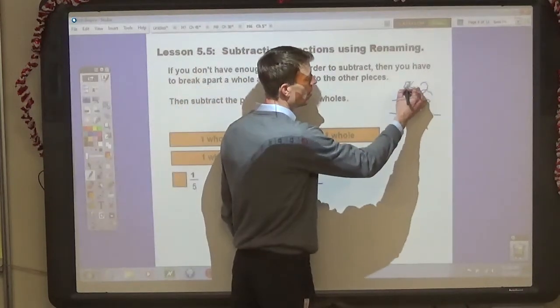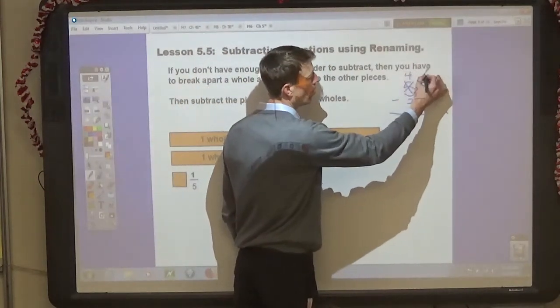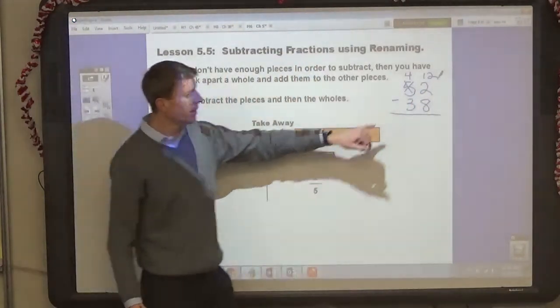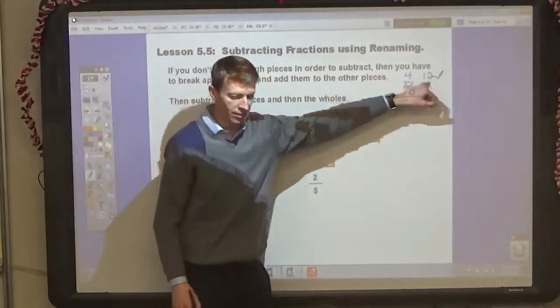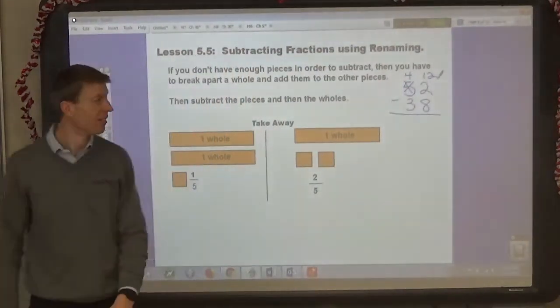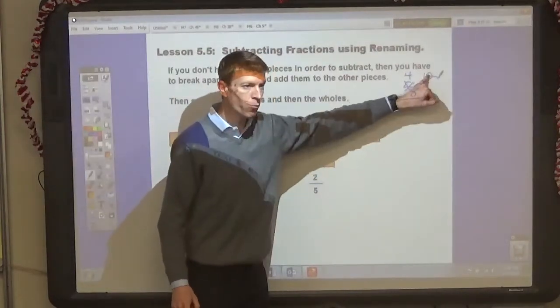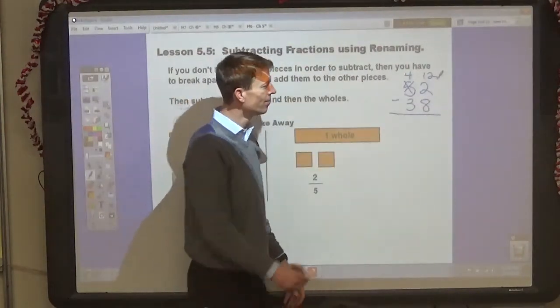You have to change this to 4 and 12, or like a funny number, 40, 12, as you learned in 2nd grade. Now you have enough ones to take away, right?